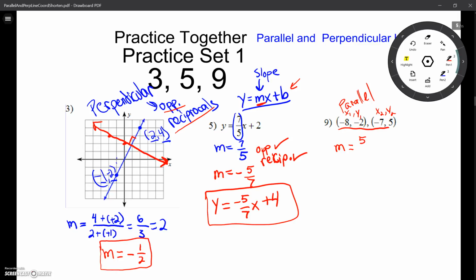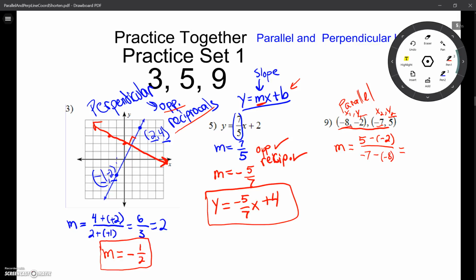It's going to be 5 minus that negative 2, because those are my two y values. So 5 minus negative 2 there. Then on the bottom, my run, the change in x, negative 7 minus my x1 value, negative 8.